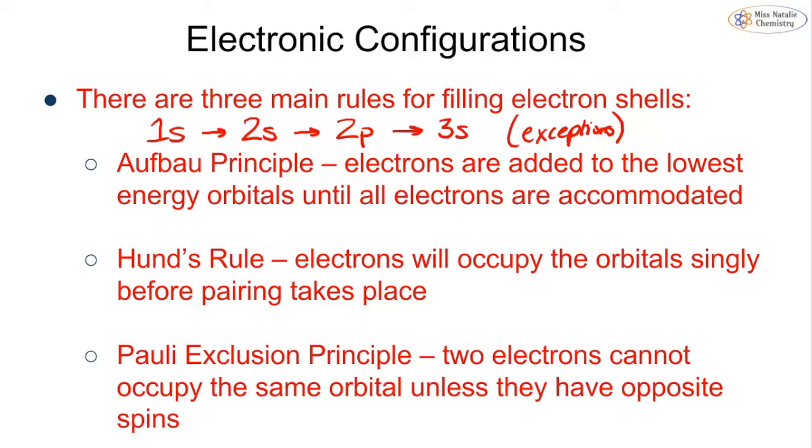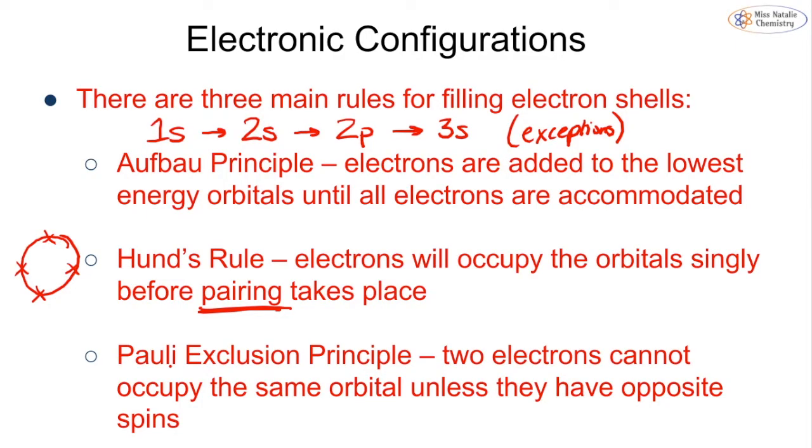It states that electrons will occupy the orbitals singly, on their own, until there's no more space, and then pairing has to take place. We learned this when you were drawing out your electron diagrams. You were always taught to do 1, 2, 3, 4, and then start pairing. This is a variation of Hund's rule, so this shouldn't be that new to you. This should be something that you feel comfortable with already.